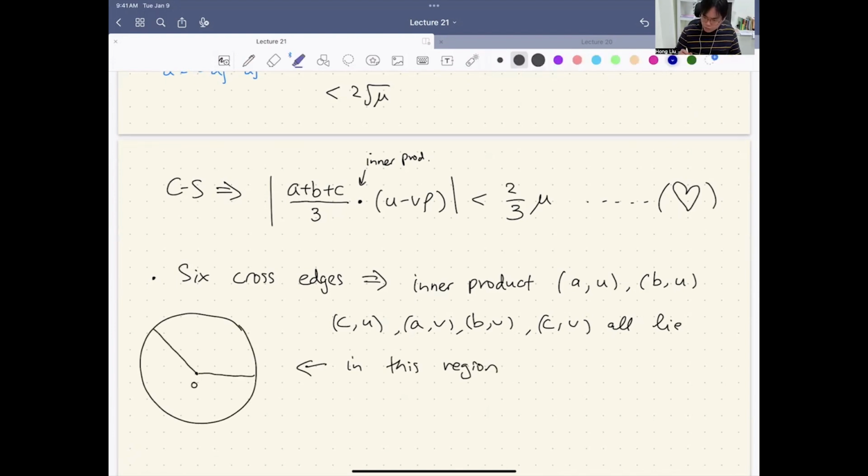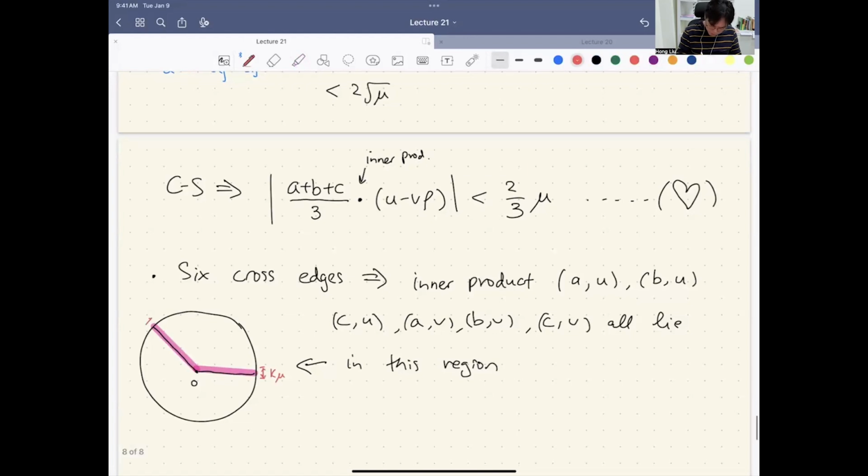Remember, we scoop out a tiny bit. We scoop out some strip. Remember, this strip is roughly k mu width that we scoop out, and the remaining part is where it lives in. Let me just write like this.